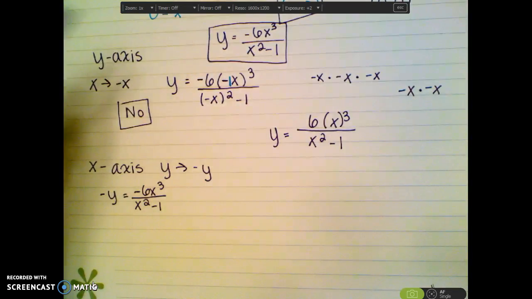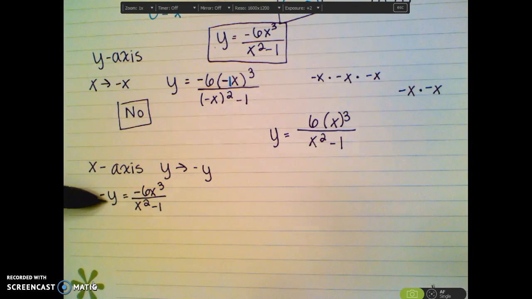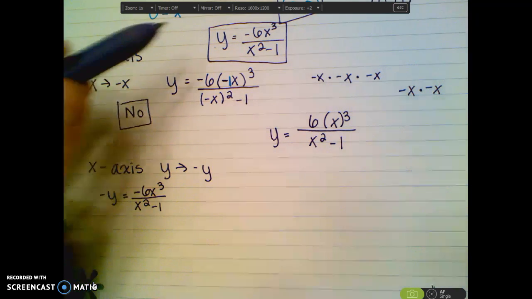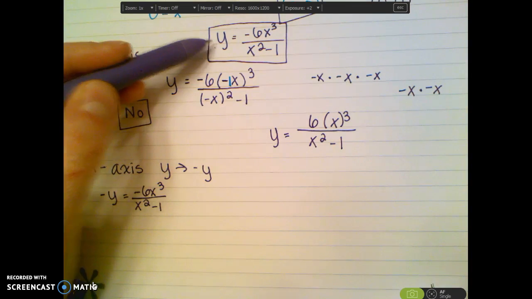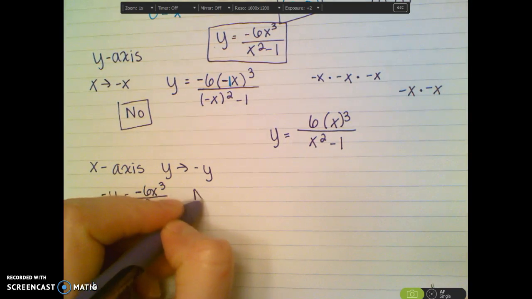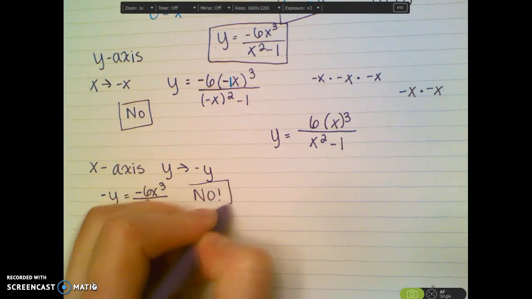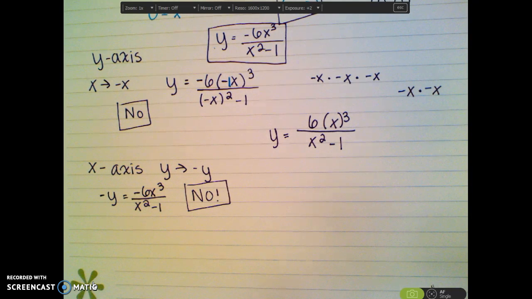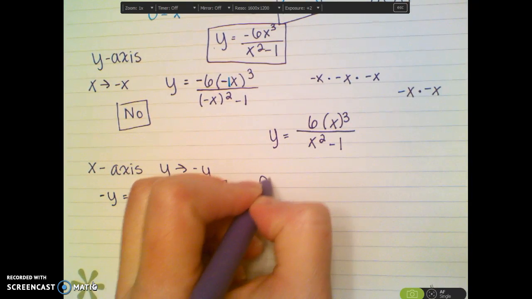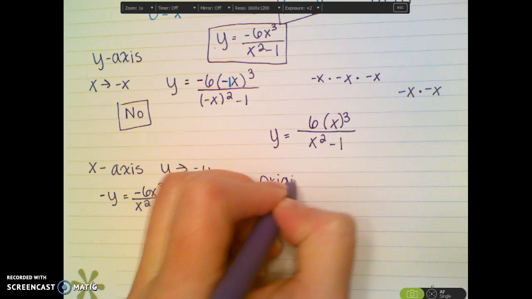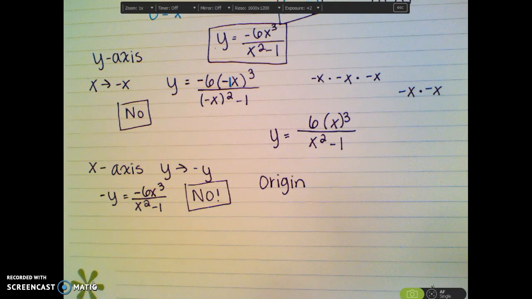I replaced the y with negative y. In this case, is this equation the exact same thing as the original equation? The answer is no. So it does not have x-axis symmetry either. So far we have no x-axis, no y-axis. Let's check for the origin. See if our equation has symmetry with respect to the origin.